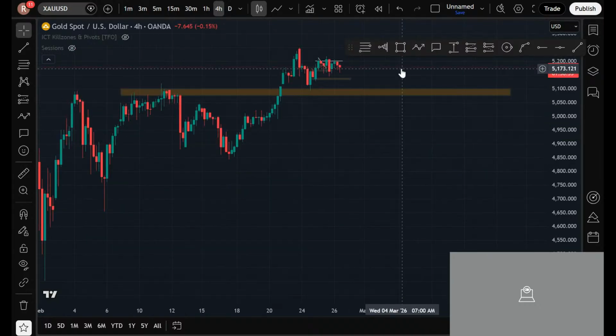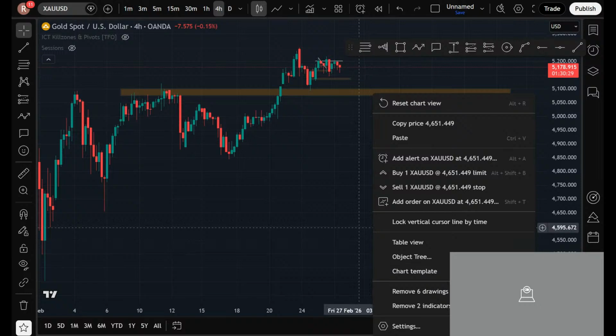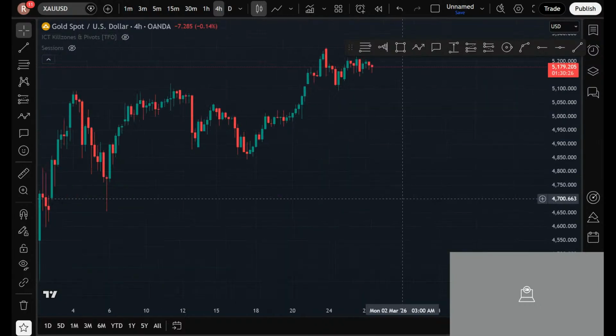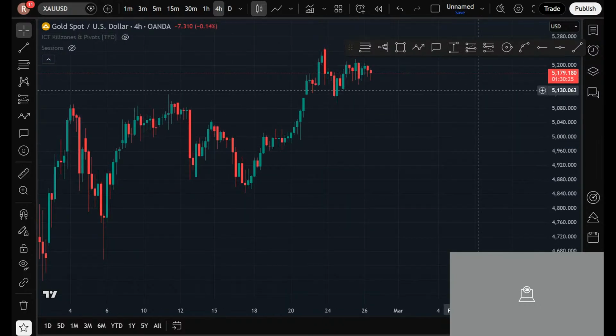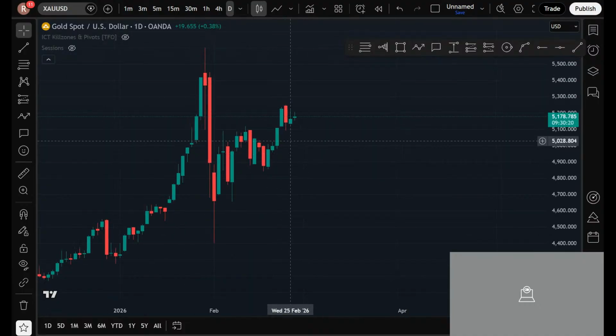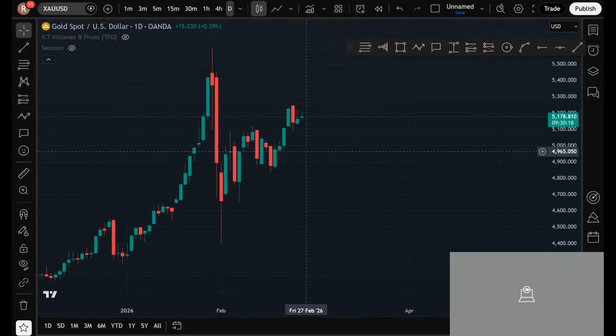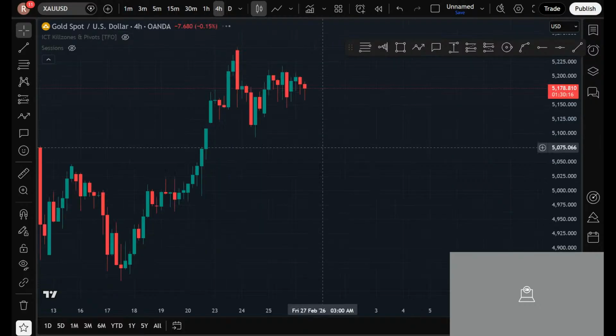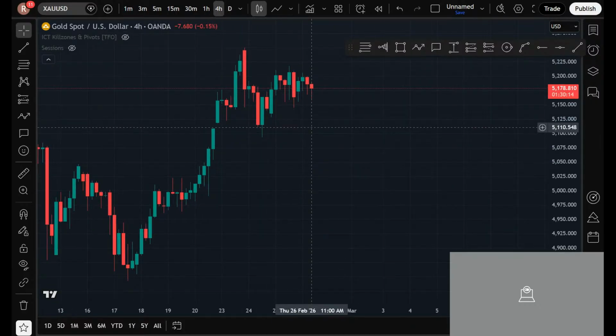First, what we should do is decide our bias, higher time frame bias. What we can see in a higher time frame is on daily time frame price closed weak bullish, which means sellers are more likely interested, right?